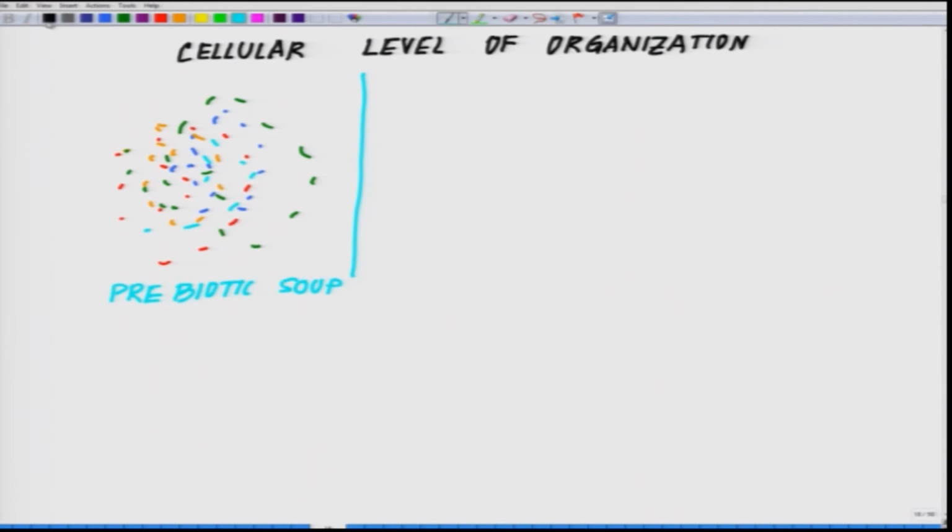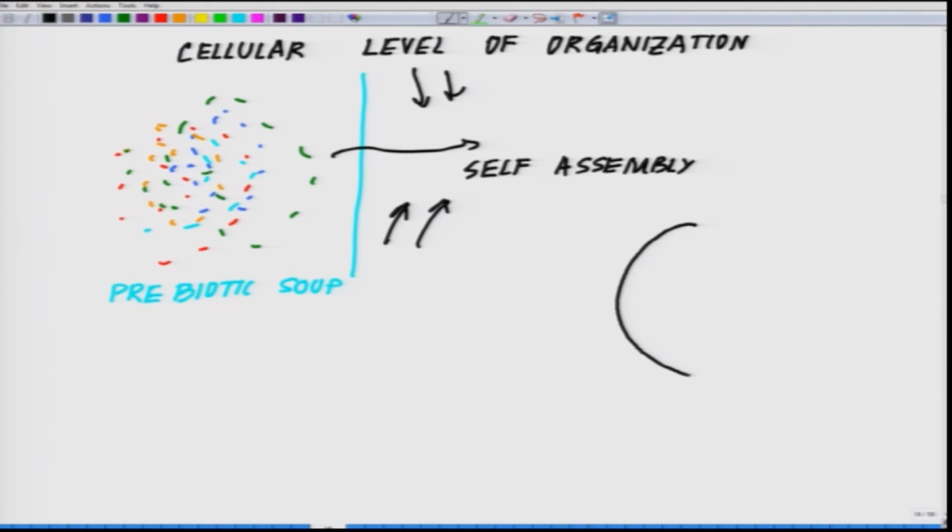At one point, by some physical forces of nature, there was a self assembly which occurred. These could be complex molecules, simple atoms, or molecules of lipids, and they form the first confined structure, what we today call a cell.